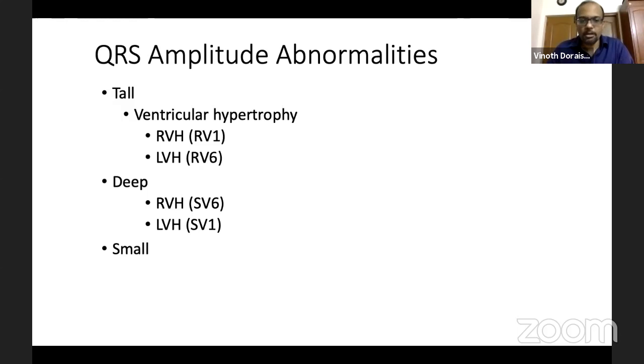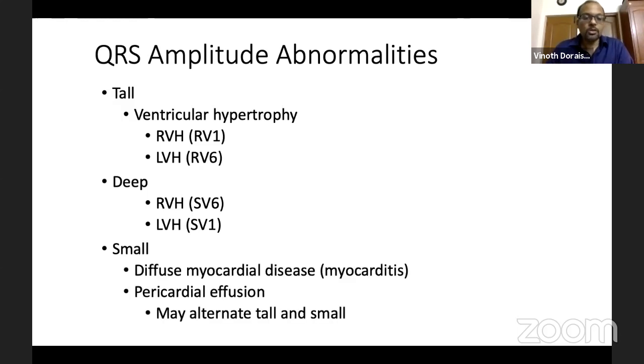Sometimes you can have a small amplitude QRS complex. Small amplitude QRS waves are defined as less than 5 millimeters in the limb leads and less than 10 millimeters in the chest leads. If you have a diffuse myocardial disease, for example myocarditis, with a lot of myocardial edema, or you have a pericardial effusion, a lot of fluid surrounding the heart, those depolarization wave fronts cannot reach the ECG leads very effectively because of the intervening myocardial edema or the pericardial effusion.